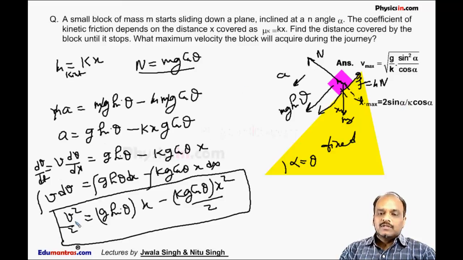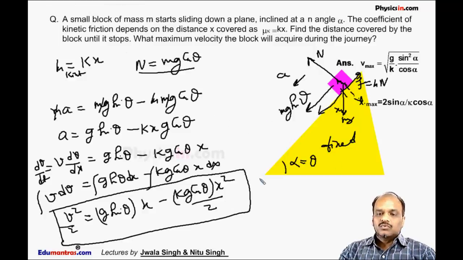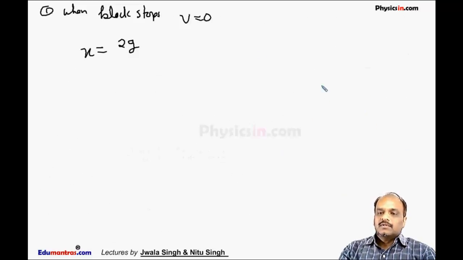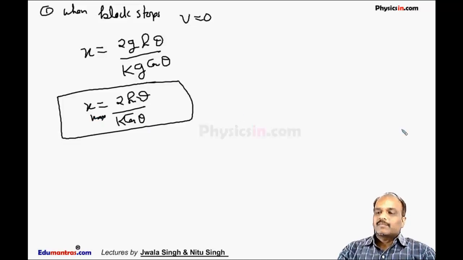So if I put v here 0, we get x as 2g sin theta by kg cos theta. So x comes out to be 2 sin theta divided by k cos theta. This is the answer. This is the maximum value of x traveled by the particle.